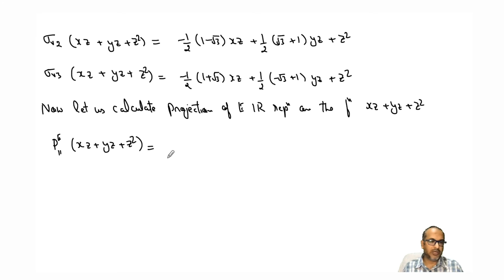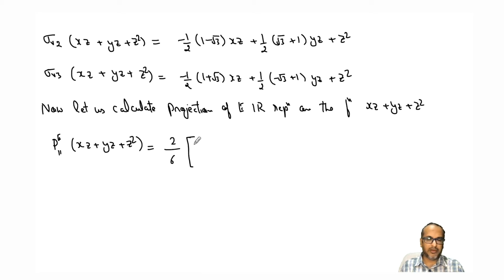So the dimension will come over here, the order of the group is 6, so that will go here: 2 by 6. So remember the formula, l_i by h, and then I have summation over all r. So I have to take the summation for all r.